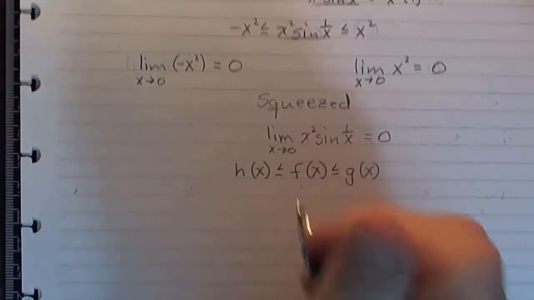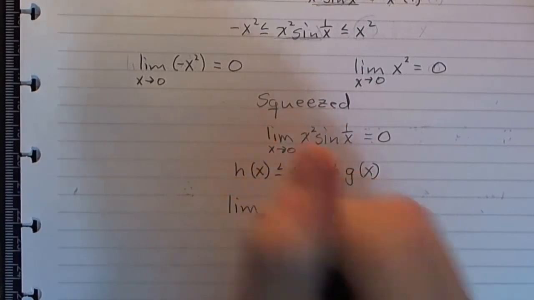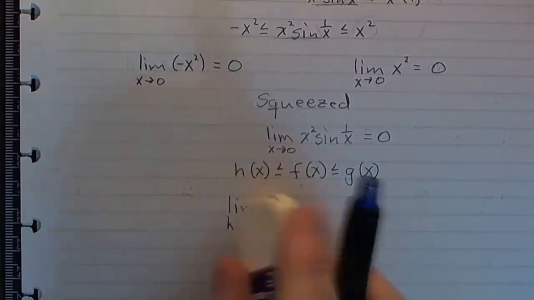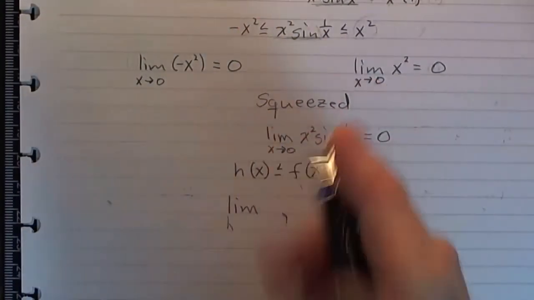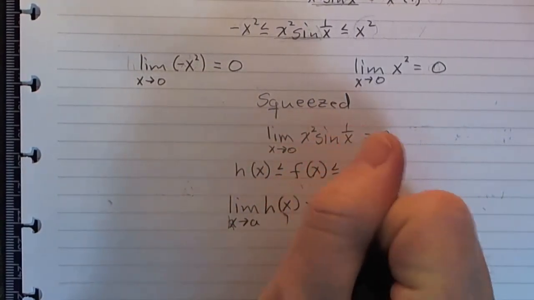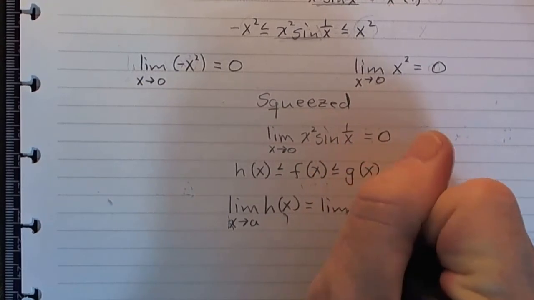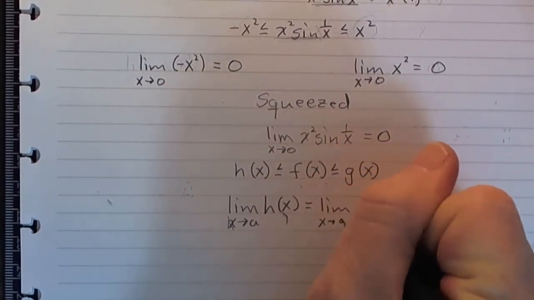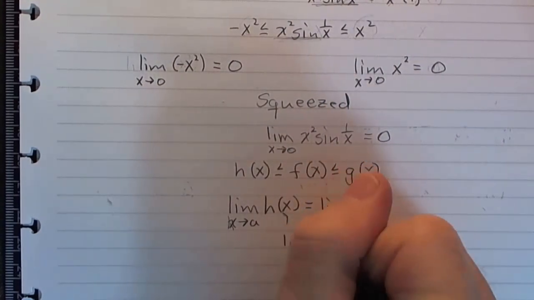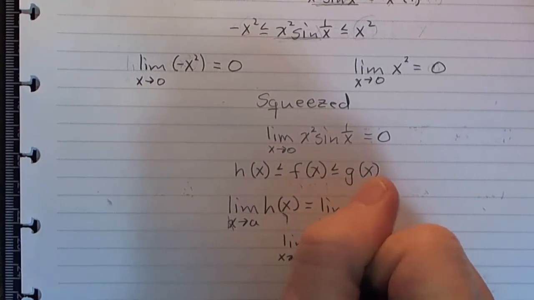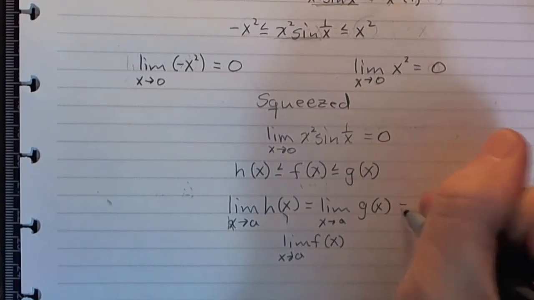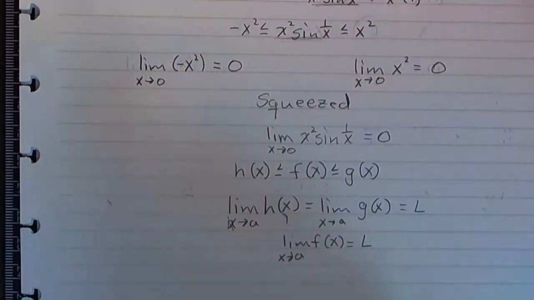And we notice that the limit of h of x as x goes to a is equal to the limit as x goes to a of g of x. Therefore, the limit as x goes to a of f of x, let's say this is equal to L, must be equal to L.